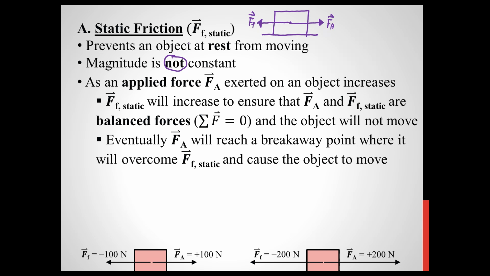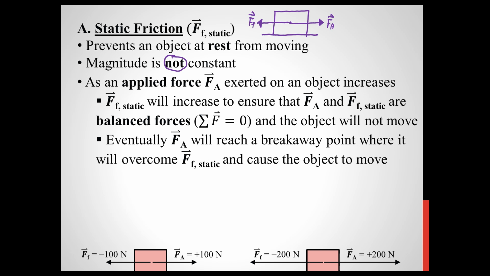Eventually, as you start to increase that applied force, you're going to reach a point where you can get the object to actually move. If you pull hard enough, I could get that box to accelerate towards the right. So there is a limit in terms of how big the static force of friction can be. We'll call that point where I can just get the object to move the breakaway point.